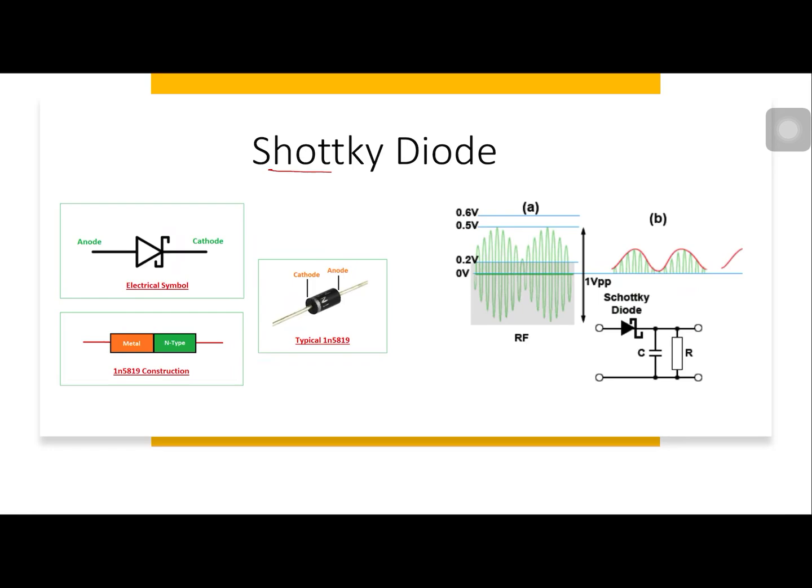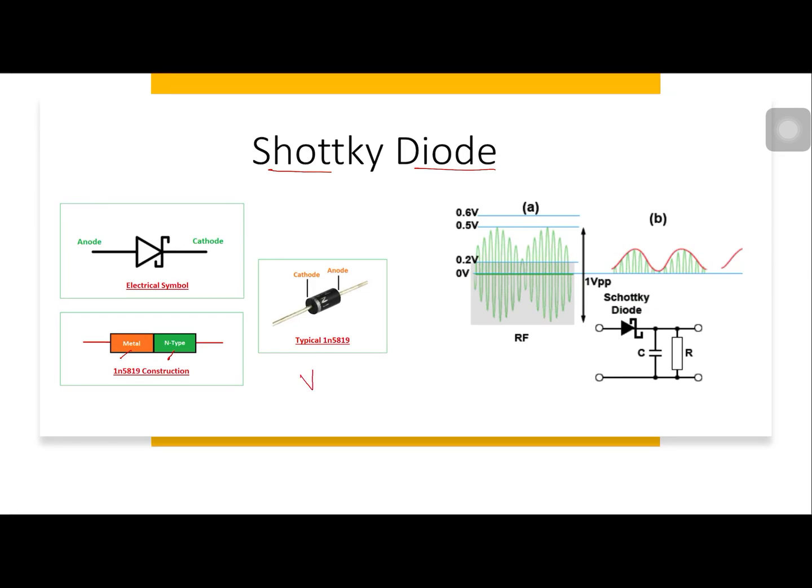The third diode that we are discussing here is a Schottky diode. Now a Schottky diode differs from other diodes in that it's not a semiconductor-semiconductor diode. Instead, it's a metal and semiconductor diode.